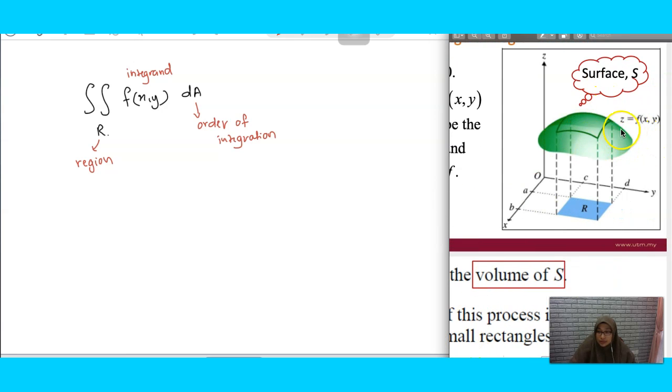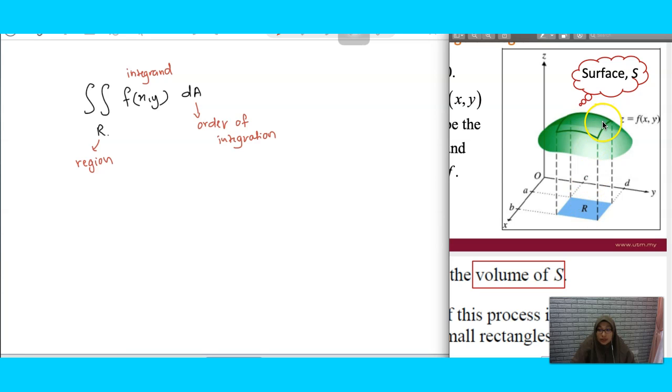Now we want to compute the double integral of this green surface, not over all of the green area of the surface, but only over this particular area, which we call the region. So we want to compute the double integral of this function over the region R. In this case, you must have the information about the region.